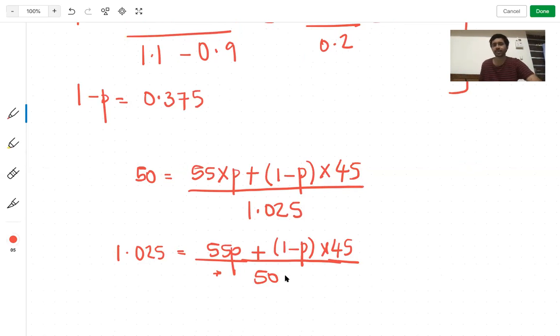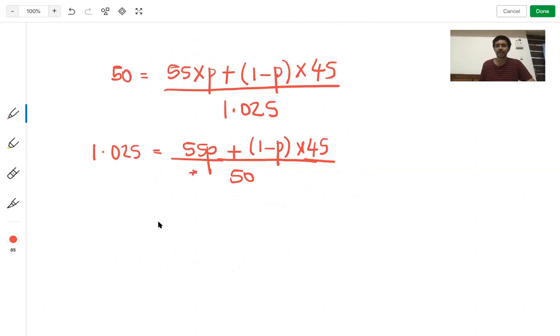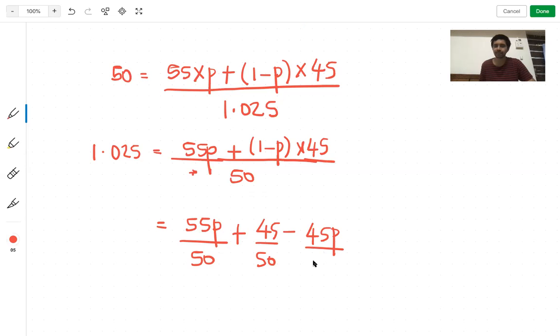I can split the RHS as 55P divided by 50 plus 45 by 50 minus 45P by 50 again.